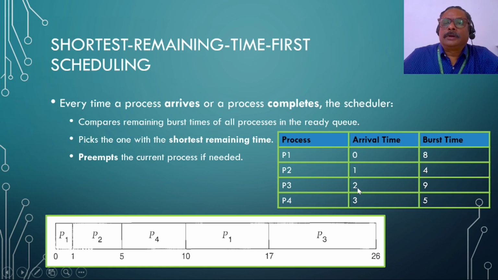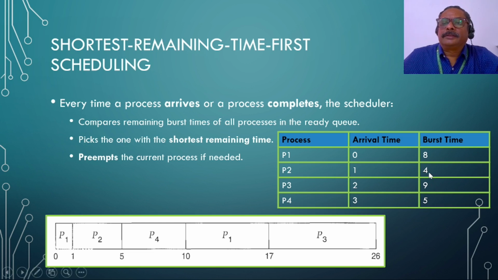At 2, another process with burst time 9 comes in, so at slot 2 there are 3 processes in the list. P2, currently running, has completed 1 slot and has 3 more to go. P1 has taken 1 slot and needs 7 more, and freshly arrived P3 needs 9.